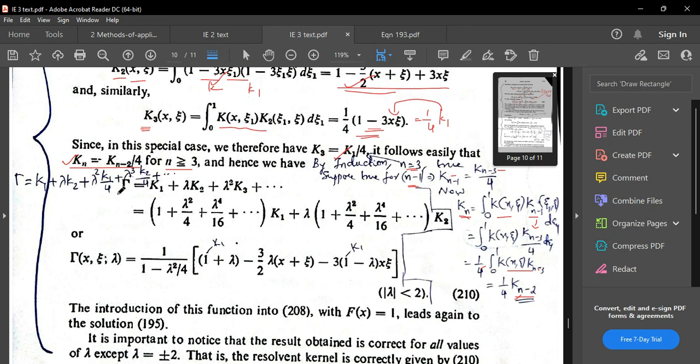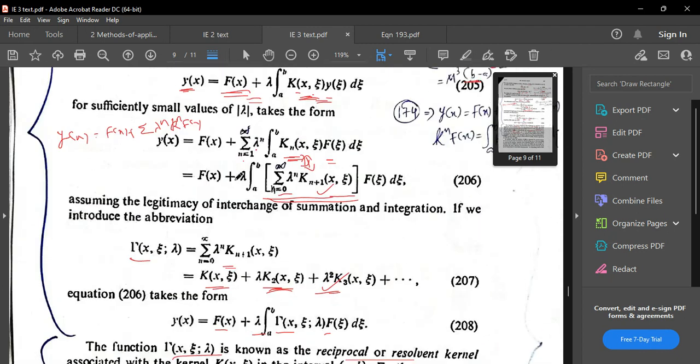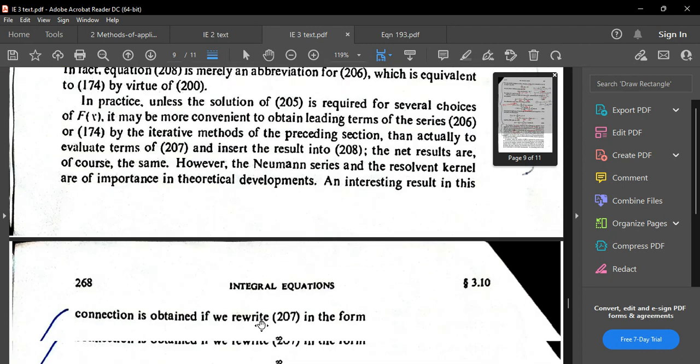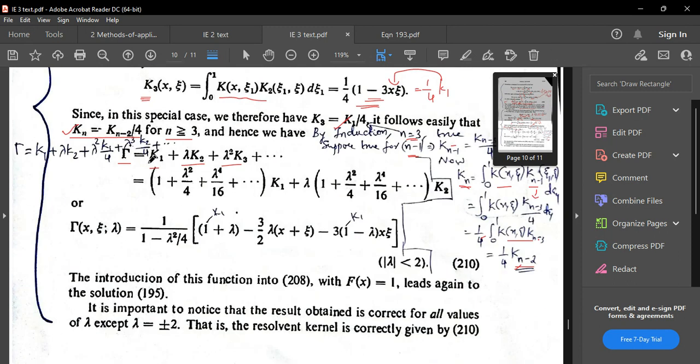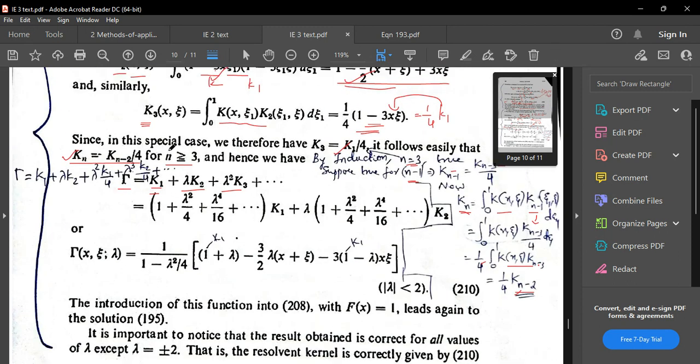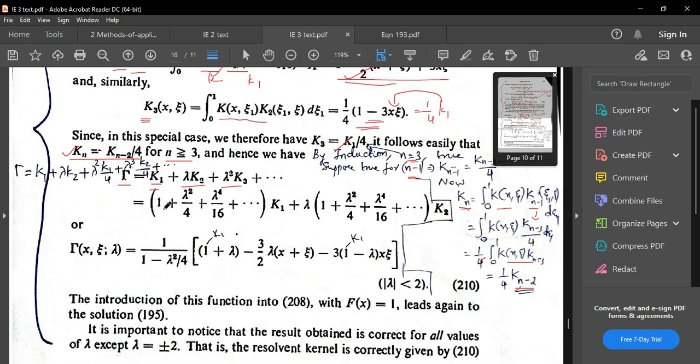So what is this gamma? Gamma we have defined as k1 plus lambda k2 plus lambda square k3 and so on. So what will be this form? It will be k1, and k1 we know is 1 minus 3 x psi. You put this k1 here, then lambda into k2.